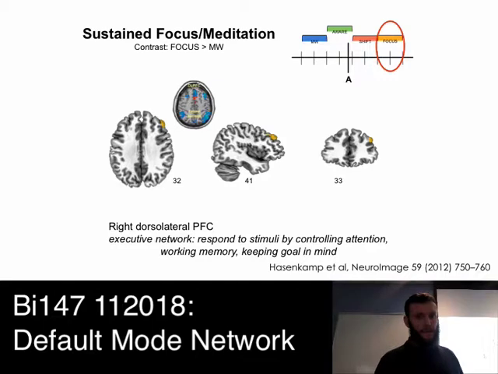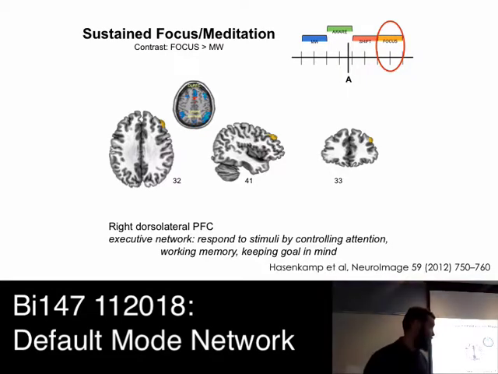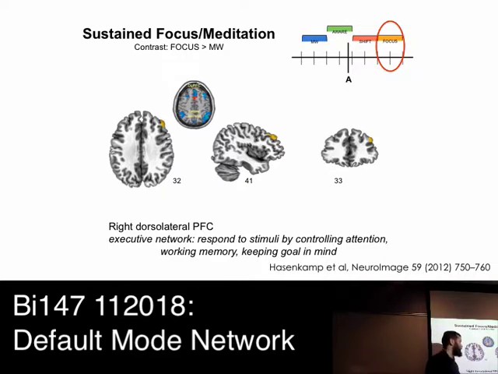And then a nearby neighboring part of the brain, also called the executive network, was lighting up during the actual sustained focus of meditation, the dorsolateral prefrontal cortex. Whoa, look at that.